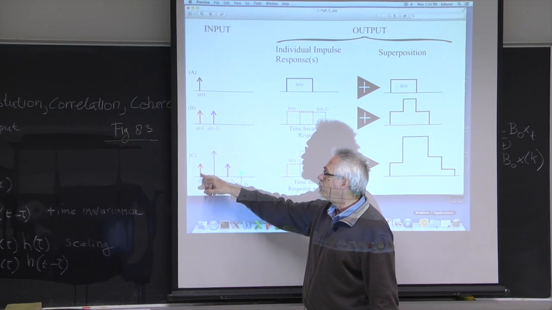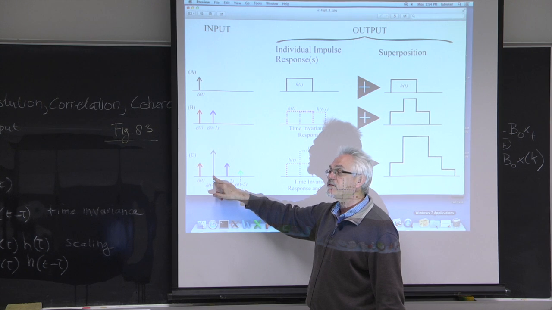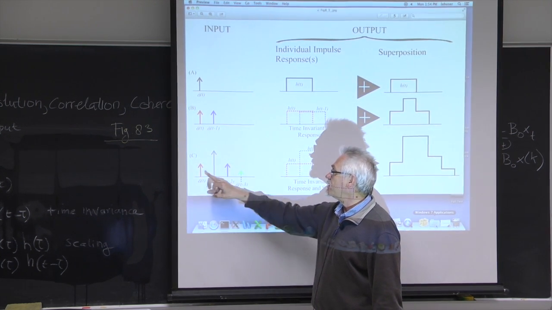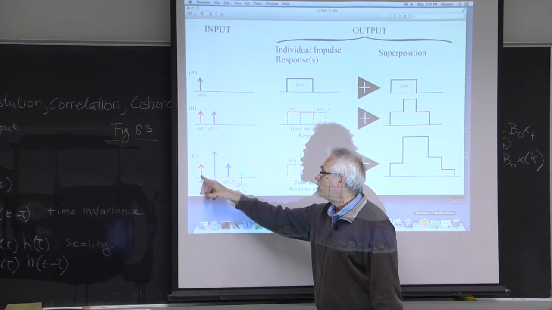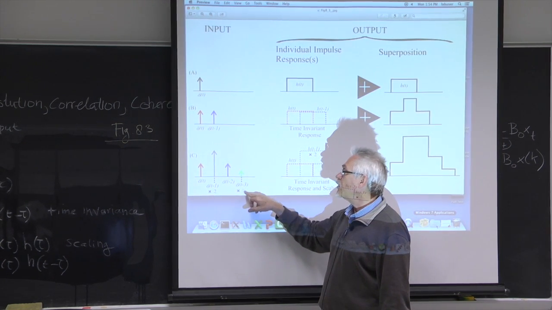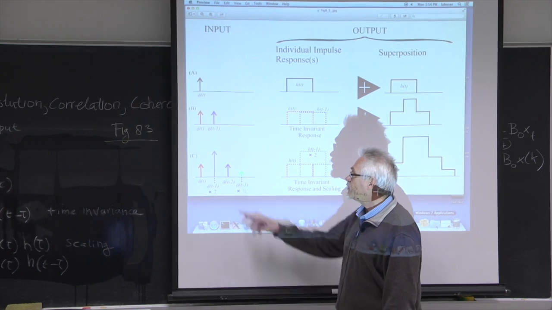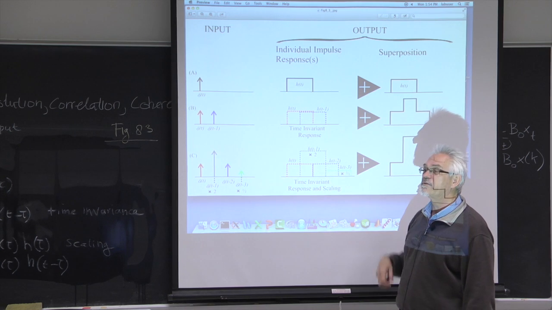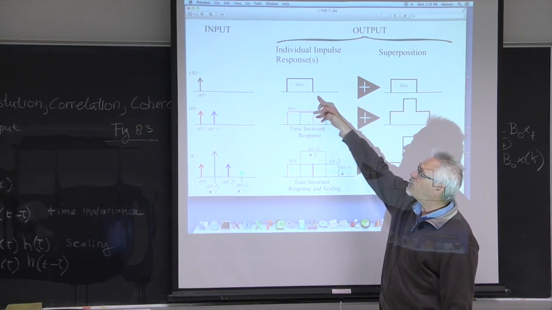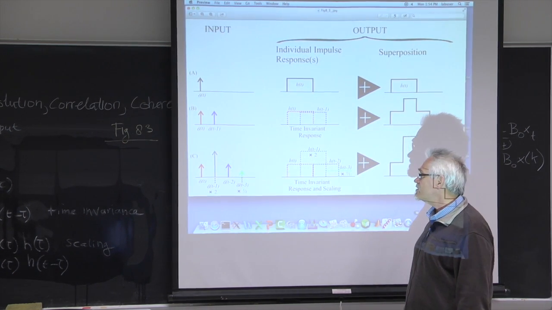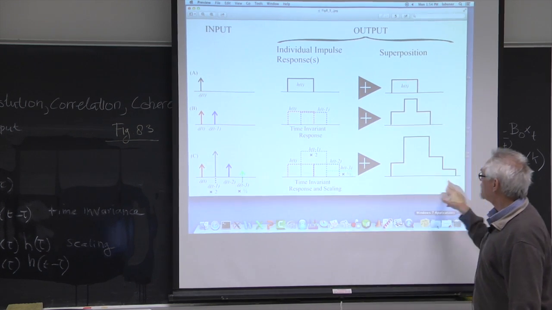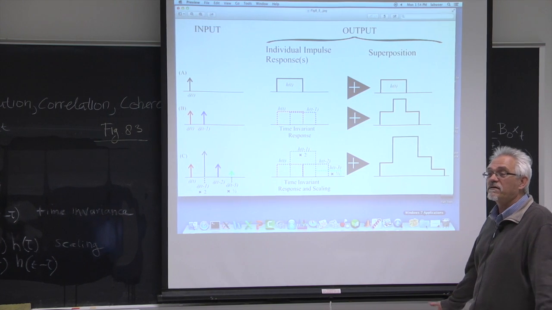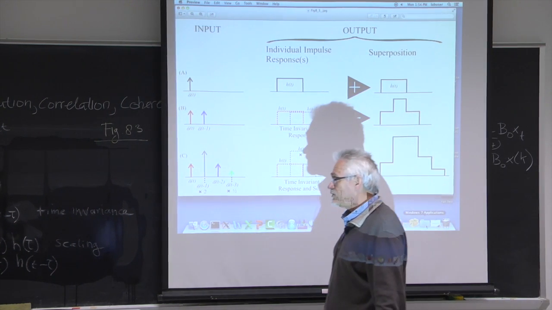Here I have a unit impulse shifted and weighted by a factor of 2, a unit impulse that is shifted 2 units, and a unit impulse that is shifted 3 units and multiplied by 1/2. For each of these unit impulses, I can describe what the responses are going to be, because I know what the unit impulse response is. And then I add them all up, and then I will know what my total response of the system is. So that's basically what a linear system is. Very, very simple.